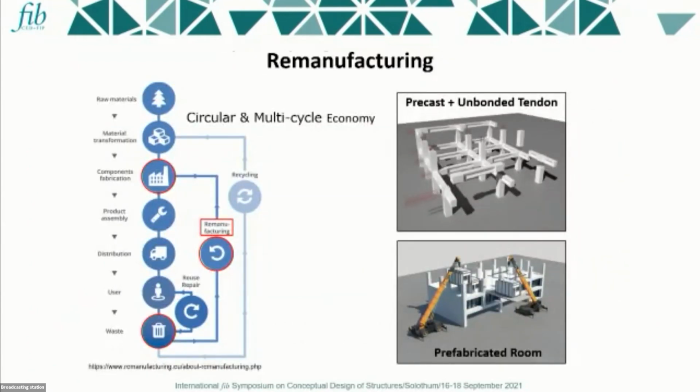And also remanufacturing, different from the reuse, because after the demolition, the members come back to the factories to confirm the strengths, its assessment technologies, and also during service, we need monitoring technologies, but we need the development, research and development in this area.